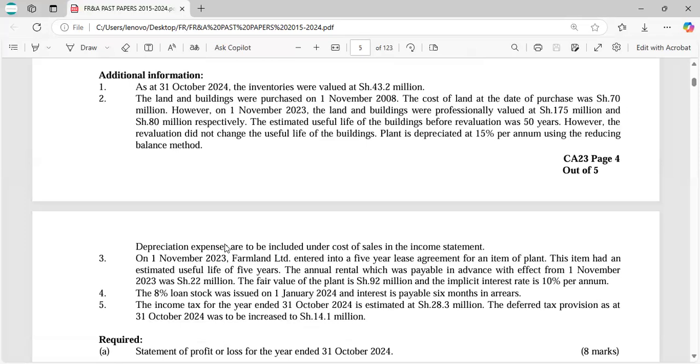The income tax for the year ended 31st October 2024 is estimated at 28.3. The deferred tax provision as of 31st October 2024 was to be increased to 14.1 million.